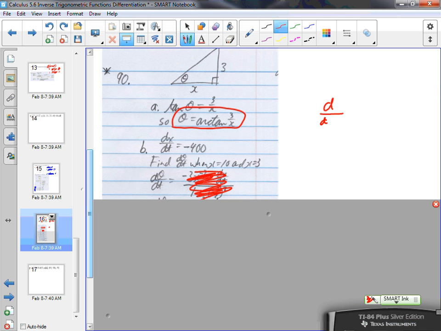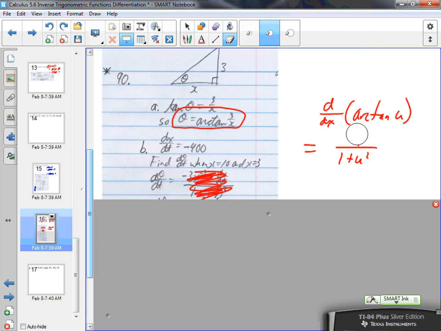The derivative of the arctangent of u equals, and let's look it up. It's 1 over 1 plus u squared times the derivative of u. Or I can go with that, u prime over 1 plus u squared.